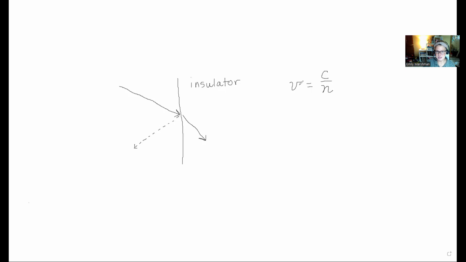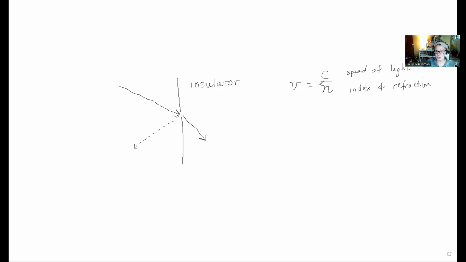And the speed is the speed of light c divided by n, where c is the speed of light and n is what we call the index of refraction for the material. So in different materials, the speed of light is different.